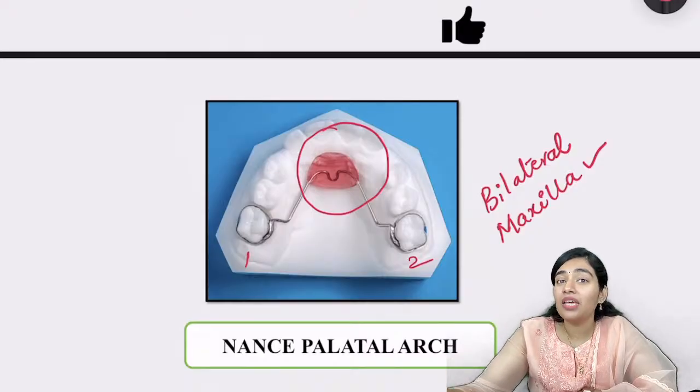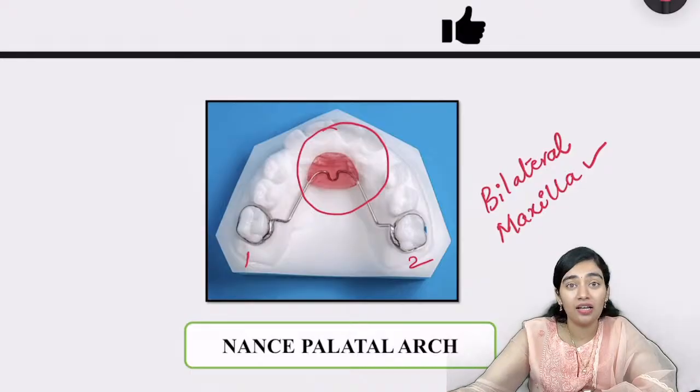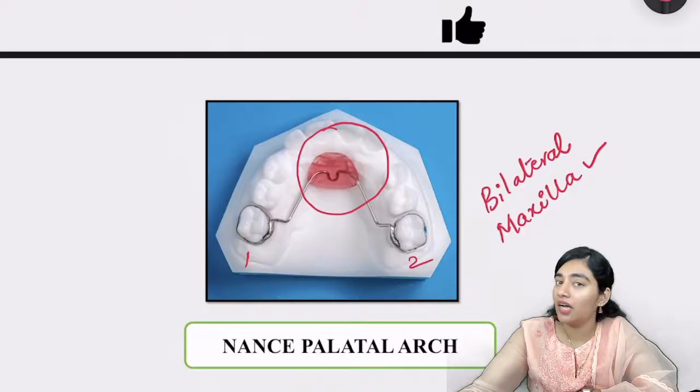Okay, if the same case scenario is in the mandible, then your answer should be lingual arch. Multiple teeth loss, lower arch, then it is lingual arch. Whereas multiple teeth loss, either unilateral or bilateral, in the maxilla, and the first permanent molars have already been in their places, then our answer should go for Nance palatal arch or Nance holding arch.